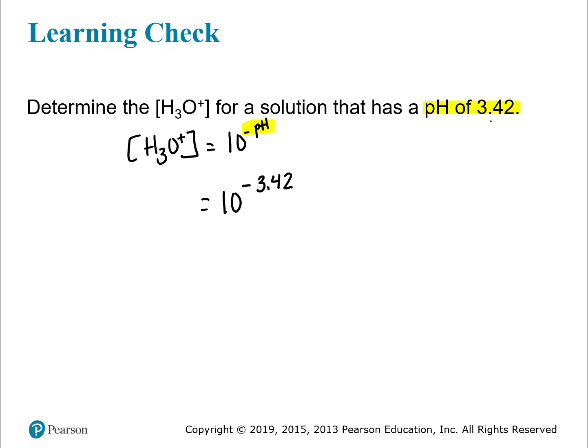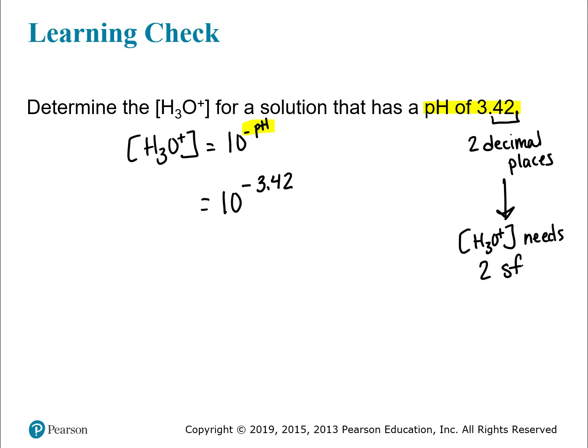We also need to consider significant figures. This pH has 2 places after the decimal. That means that our hydronium concentration needs 2 sig figs.